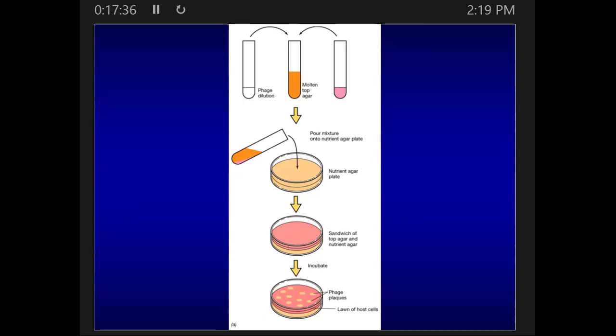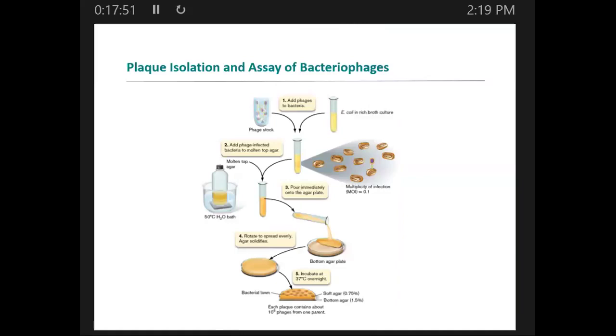And then what ends up happening is the phage will go through the replication cycle, and as they are done replicating in each cell, they'll lyse open the bacteria, and they leave a kill zone. This is another image of that idea.